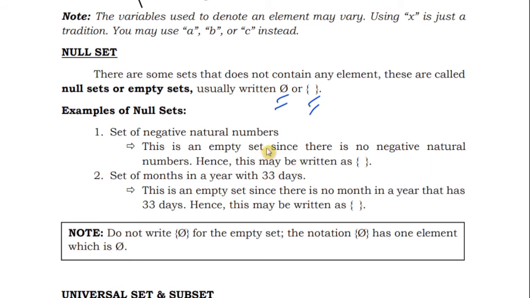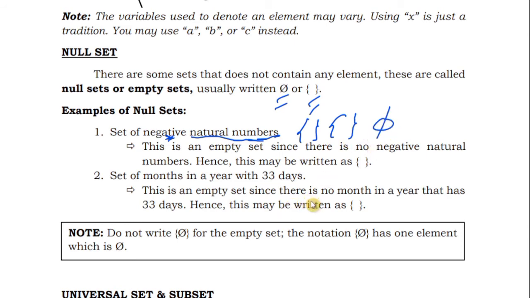The set of negative natural numbers: since we talk about natural numbers, take note that there are no negative natural numbers. So we have here the empty set. This one is the empty set, so we just write the braces.